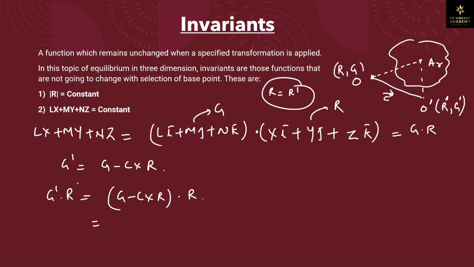So G dash dot R dash is equal to G minus C cross R, dot R dash. Now let us calculate this.